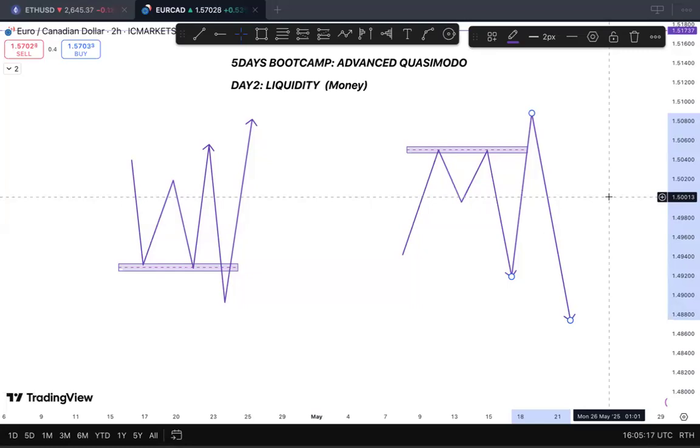Price candlesticks need fuel to move. For money to flow from one point to the other, money is needed. Do you know what I'm saying? For the candlestick to keep moving, and for supply and demand to be made, money is being sent from one place to the other. Money is being transferred from support to resistance, supply and demand.